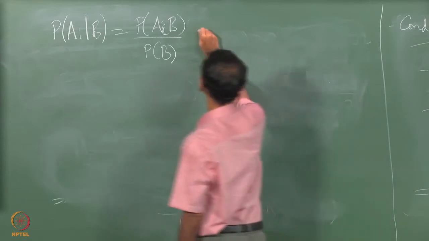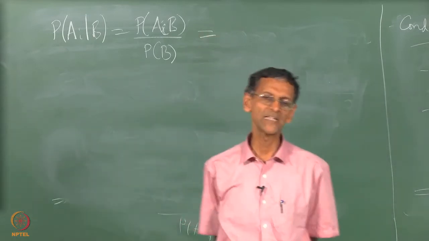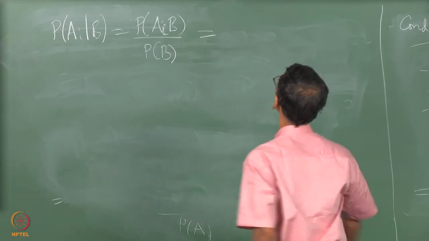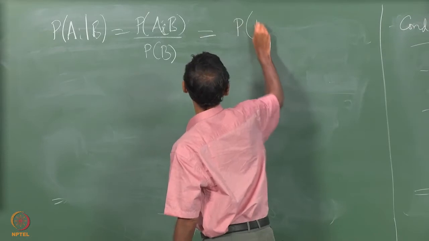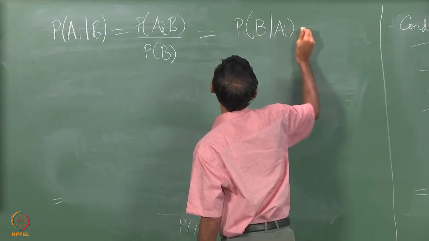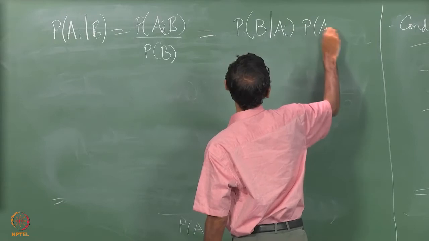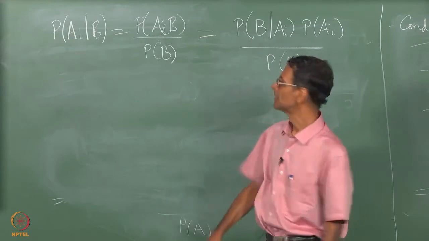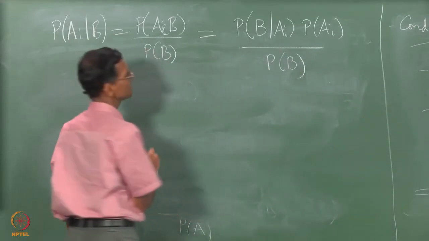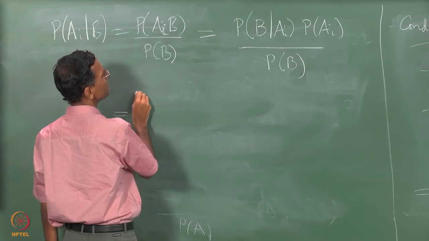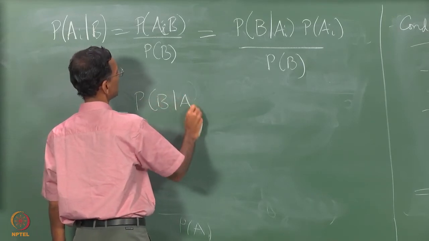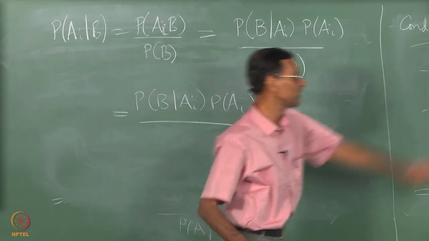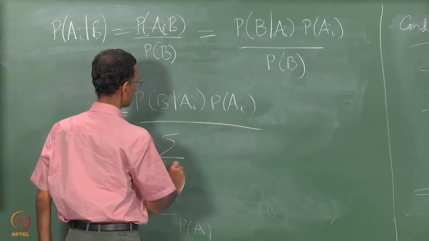If I want to express everything in terms of the prior probabilities and the conditionals P(B given A_i), I have to write this as P(B given A_i) times P(A_i) divided by P(B). This is one step. Then of course you can go to another step: P(B given A_i) times P(A_i) divided by this expression for P(B). Sometimes it's conventional to write down all this.